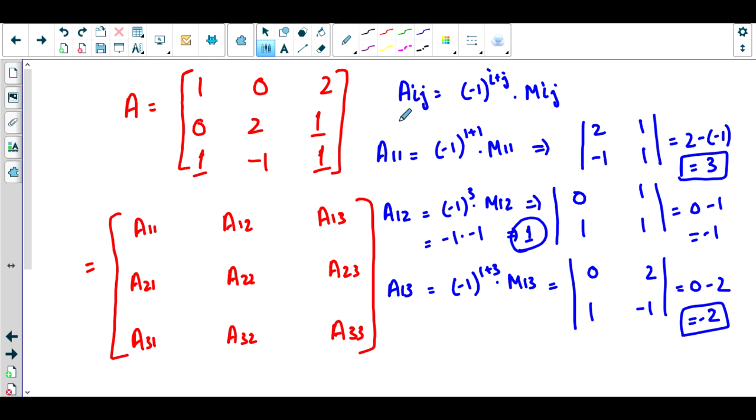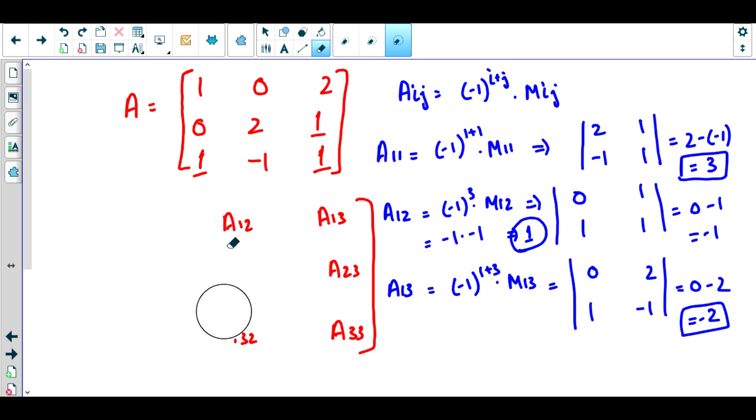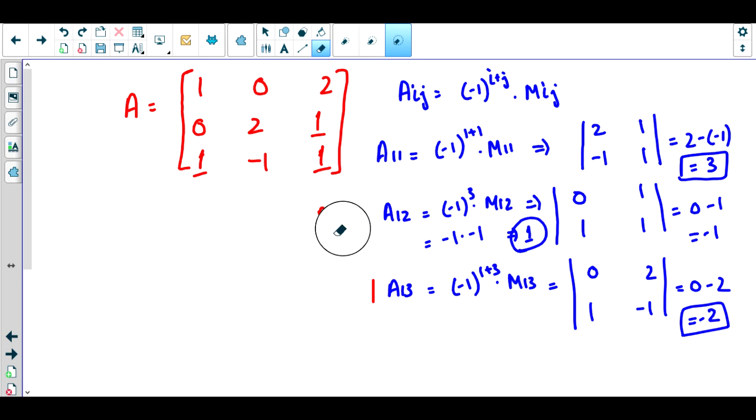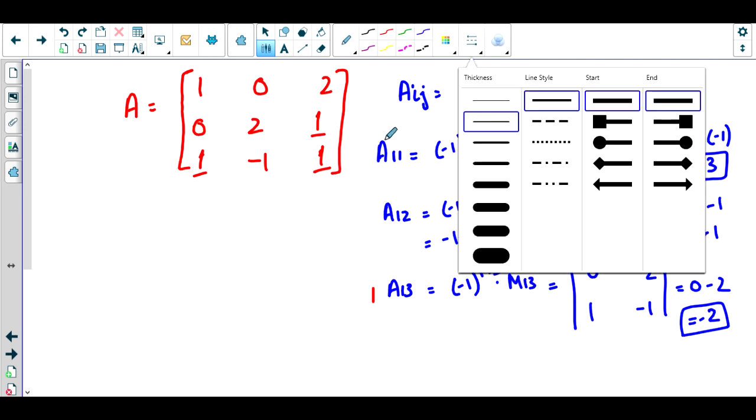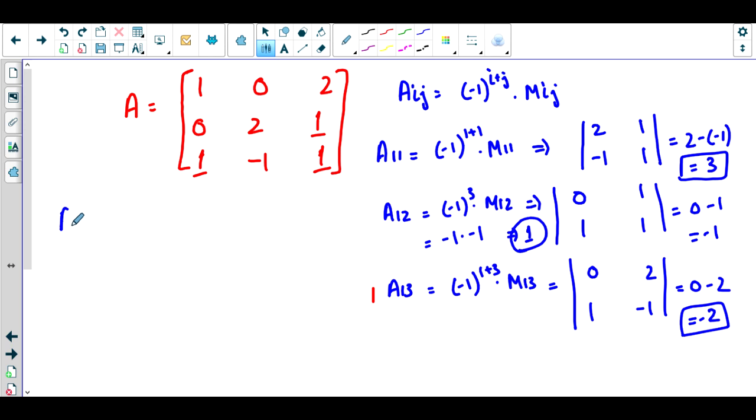Let's continue and find the remaining ones all in the same way. To keep space, for the time being I want to delete this so that we have some space, finding the rest using the same set and the same page. Now A21, it will be minus 1 cube into M21.